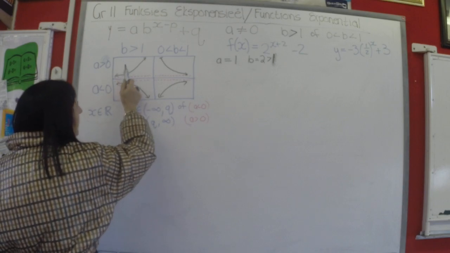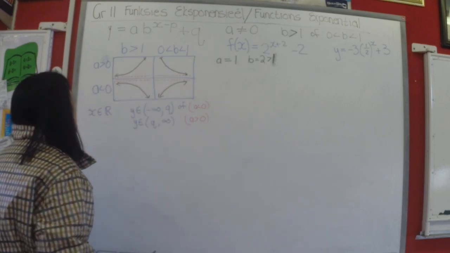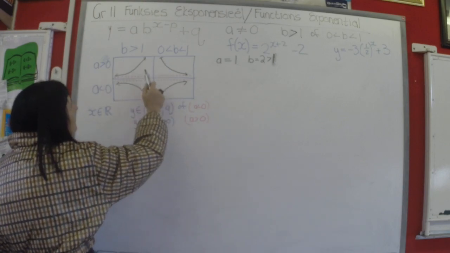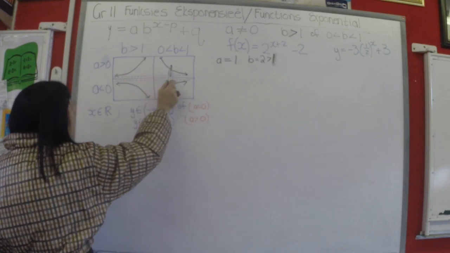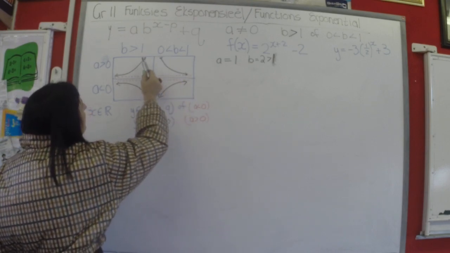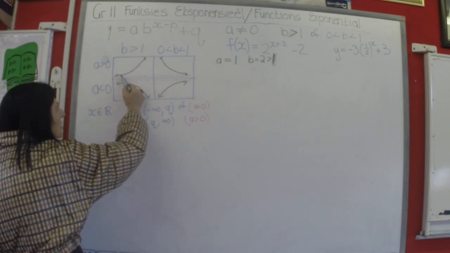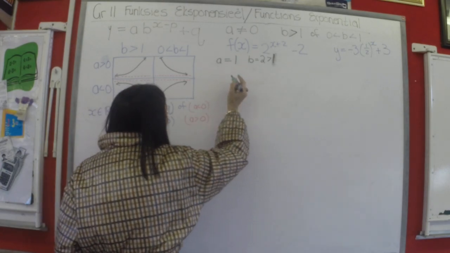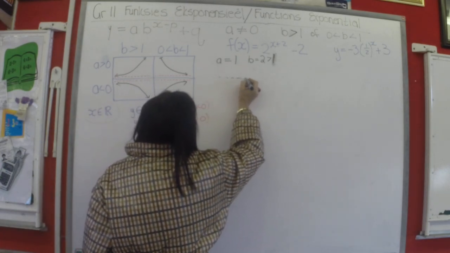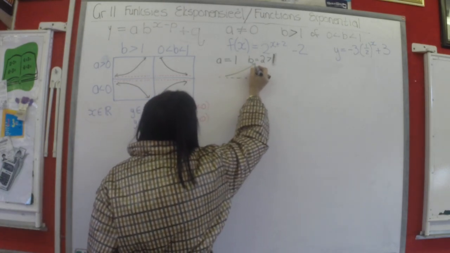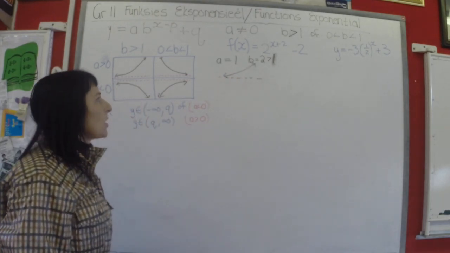So it's going to look like this or like this. Now, because my a is positive and my b is greater than 1, it's going to be this one. A is positive and b is greater than 1, it's going to look like that. So you know immediately from this that if this is my horizontal asymptote, my function will look like this. Okay, that makes it a lot easier.